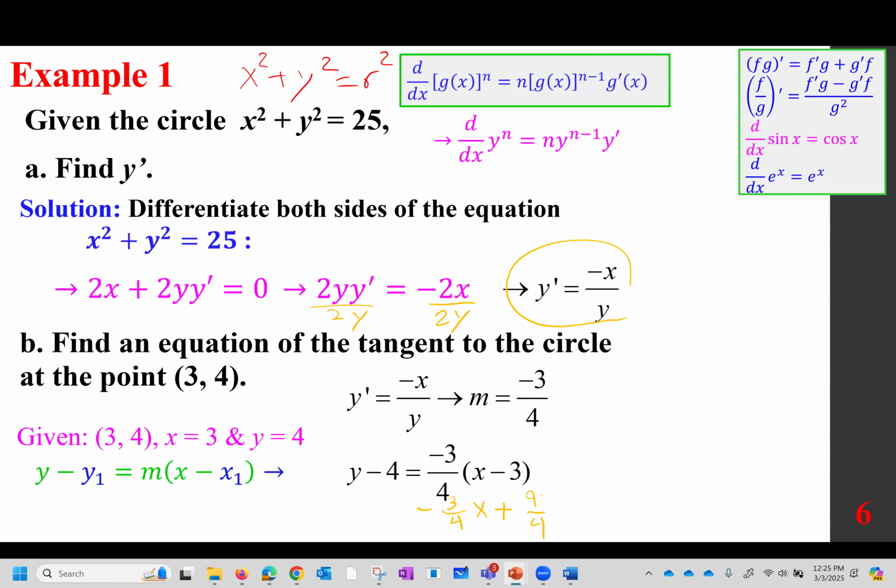We get negative 3/4 x plus 9/4. Move the 4 over and make it positive 4, or 16 over 4, with 9 over 4 is 25 over 4. So the equation of the tangent line is y equals negative 3/4 x plus 25 over 4.